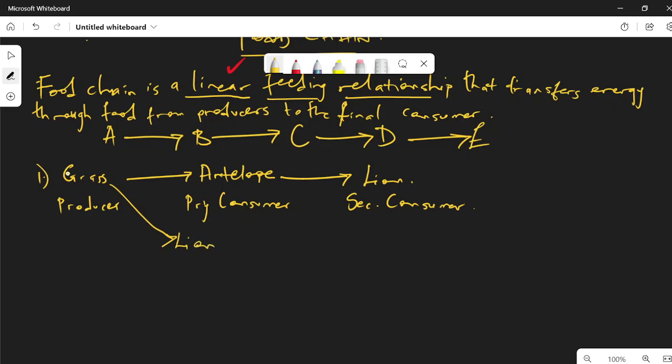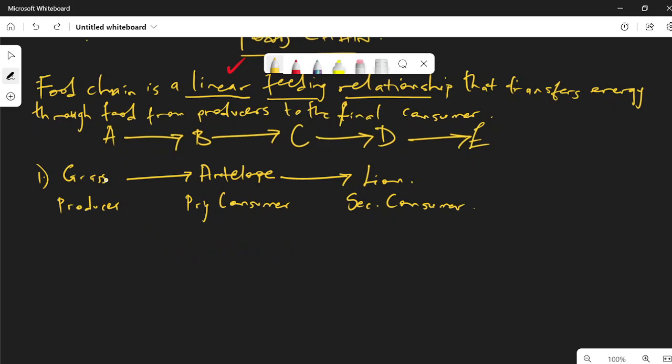Is it possible for lion to feed on grass? No, sir. So if a lion cannot feed on grass, then I shouldn't have written a reaction where grass will be fed upon by lion. Since we know that is not possible, it will not be right to put such reaction.